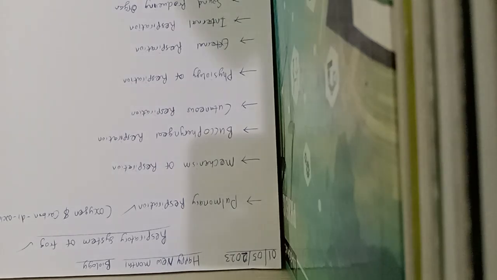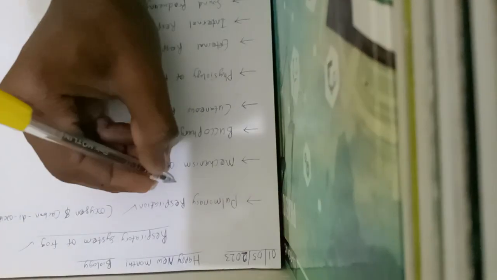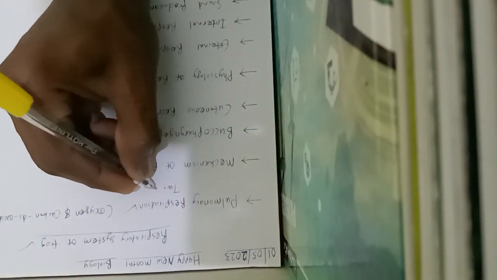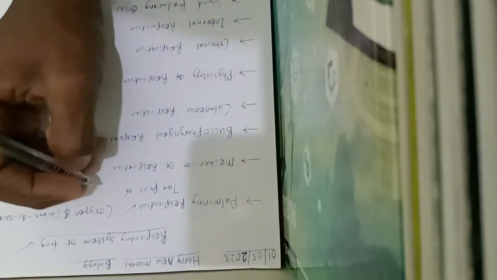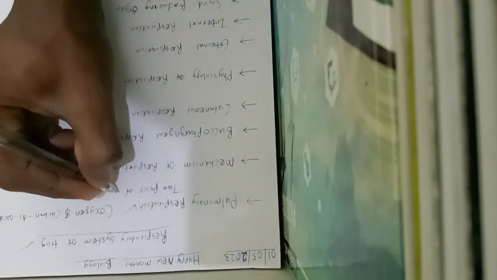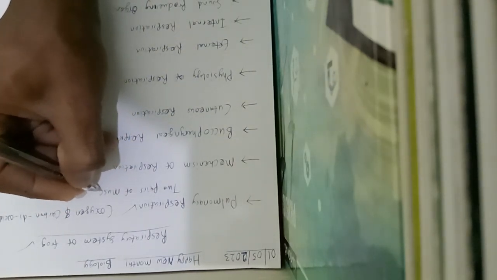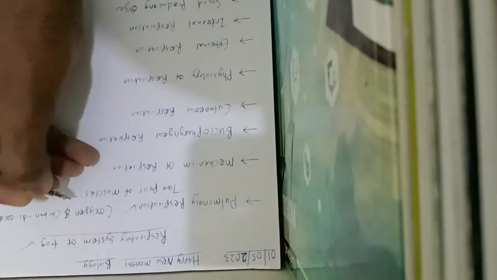So now I'm going to write the two pairs of muscles. The two pairs of muscles, I want you guys to take note of this so you can write it down as well.